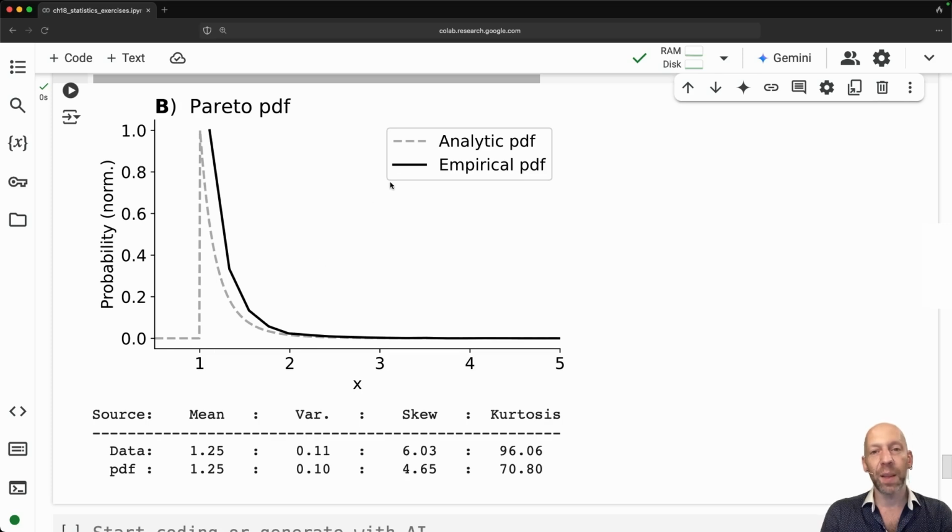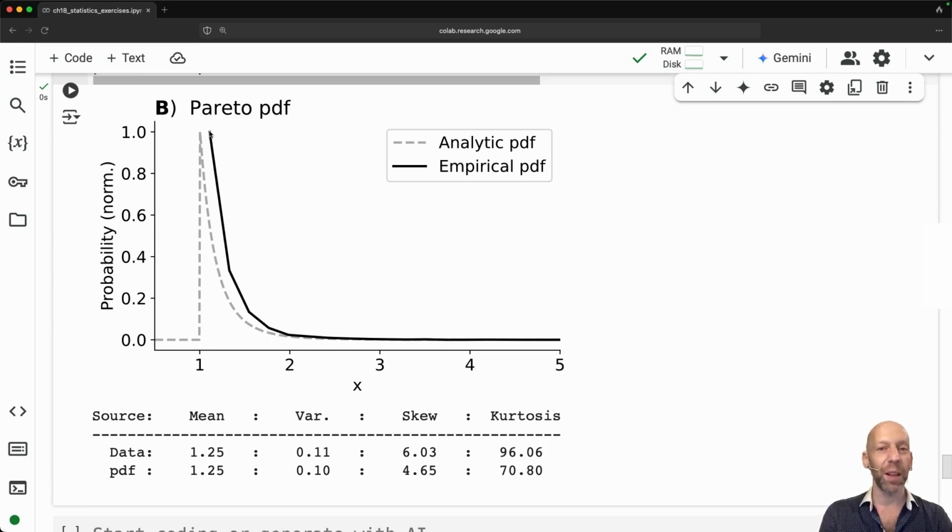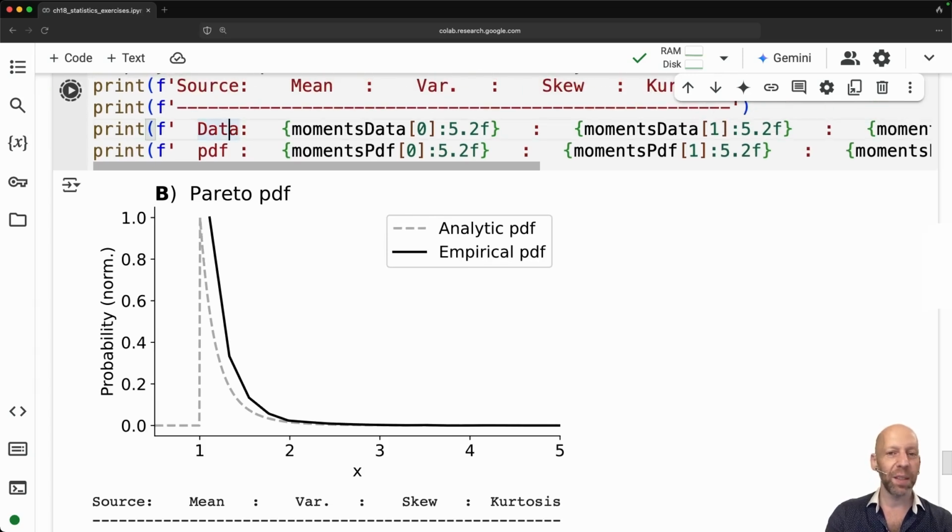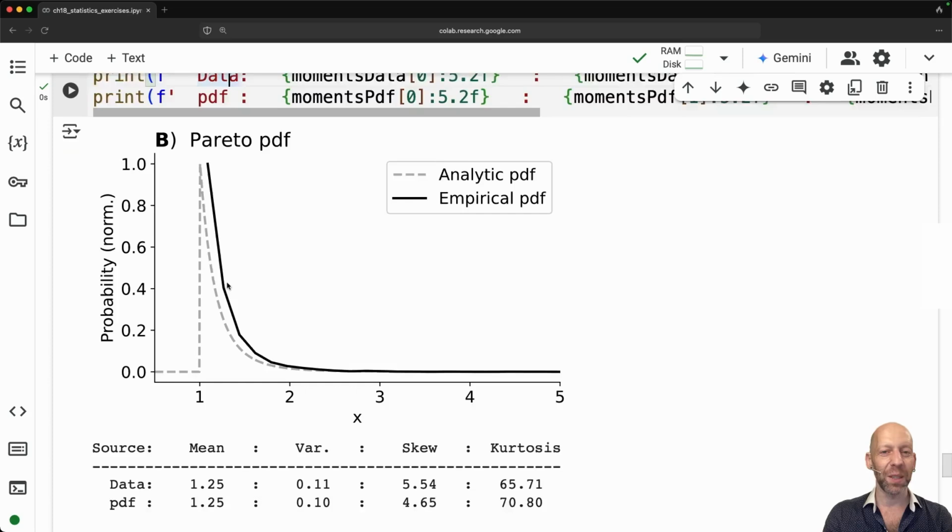Now, in theory, the empirical PDF also has values of 0 here, but they're not being plotted. They're not even being calculated because the histogram function looks for values corresponding to the smallest values in the data set. We can run this again just to see if this lines up. No, it looks like it lines up slightly better, but there's still a little bit of a divergence.